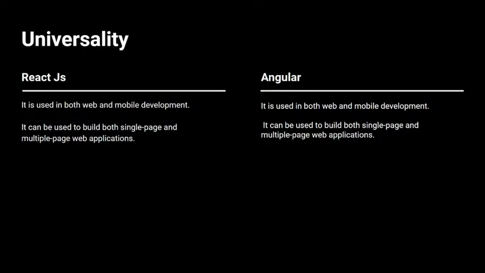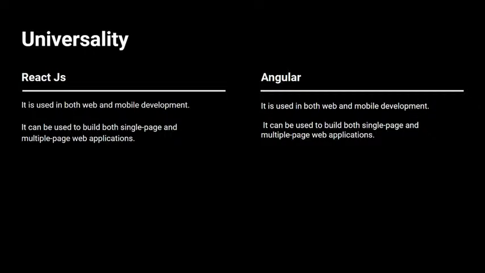First thing is universality, which means React.js and Angular are both used in web application and mobile development. Both can create single page and multi-page web applications. So it is really important, because nowadays some applications need multi-page web applications and some need single page.